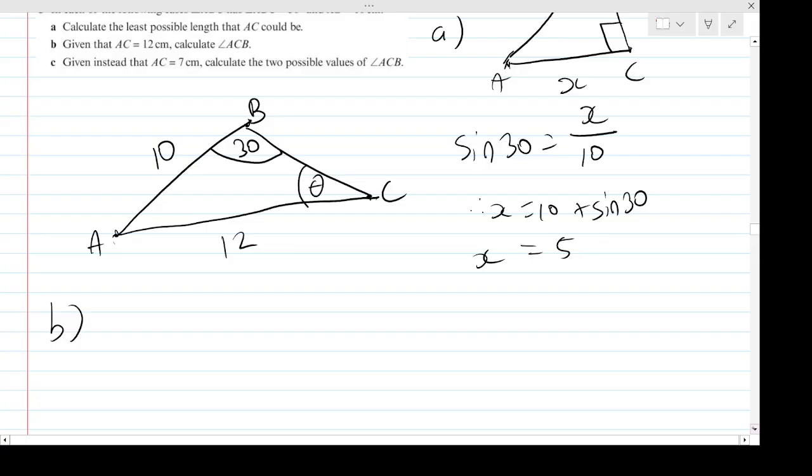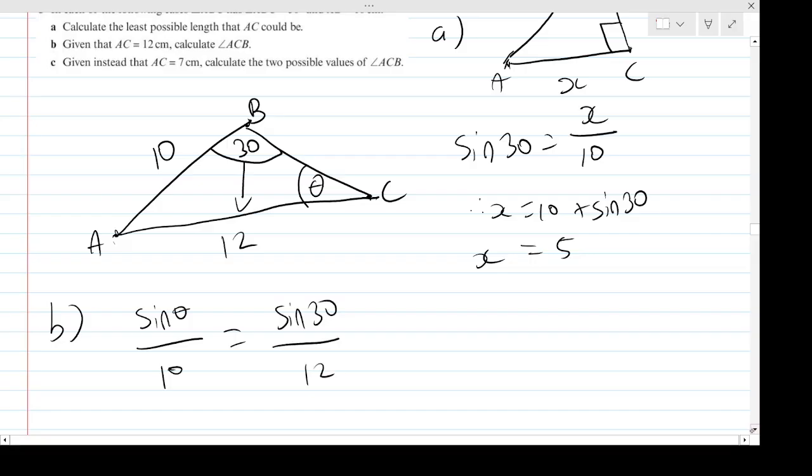So this one then, well, we're dealing with two angles and two sides, right? So it's going to be the sine rule in this case. The angle facing this theta is 10. So we can say then that sine theta over 10, using the sine rule, is going to equal this other angle 30, and it's facing the side 12, right? So it'll be over 12.